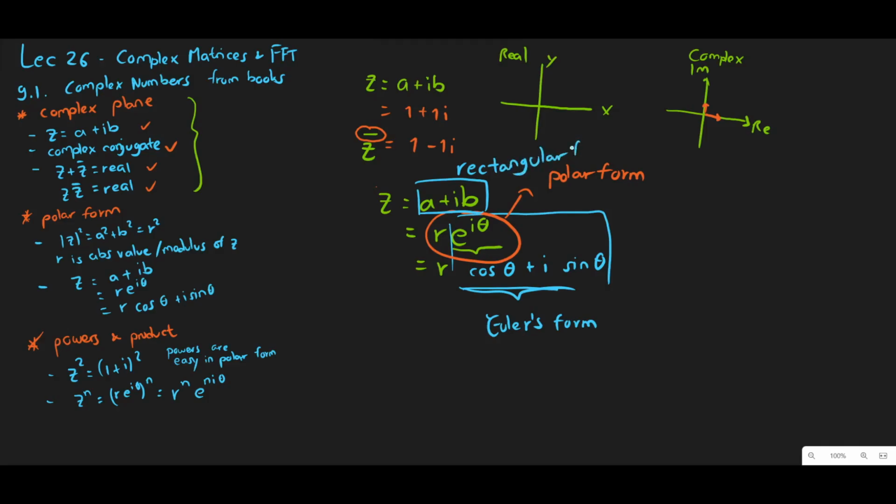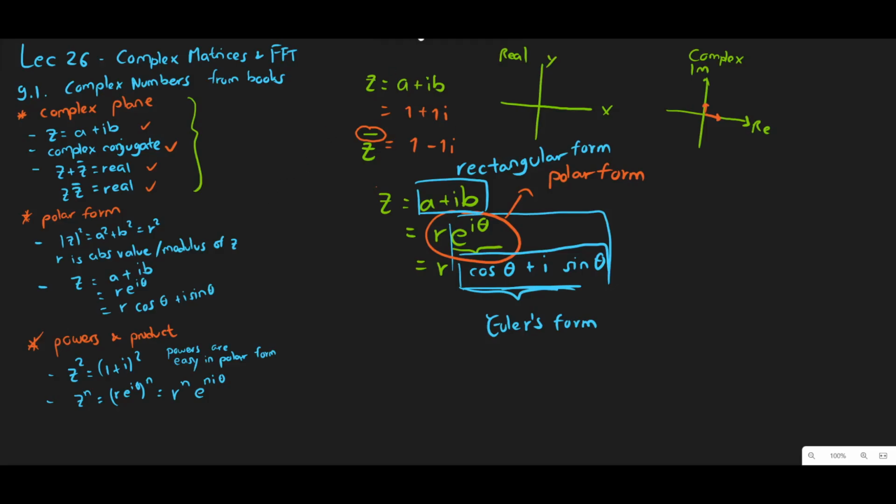Just keep in mind that you have the polar form, which is r times e to the power of theta i, and then e to the power of theta i is Euler's form, which equals cos plus i sine, and we began with the rectangular form.